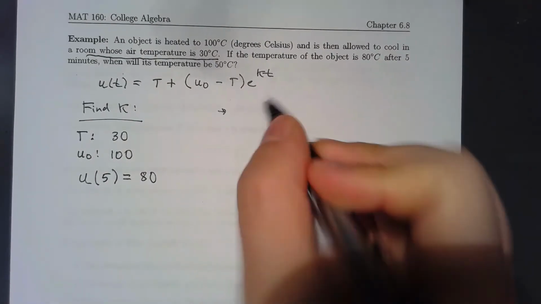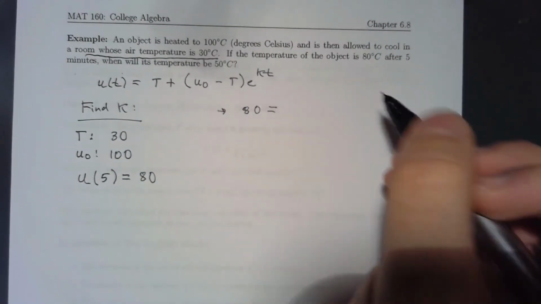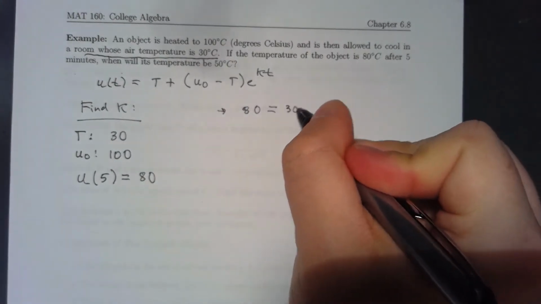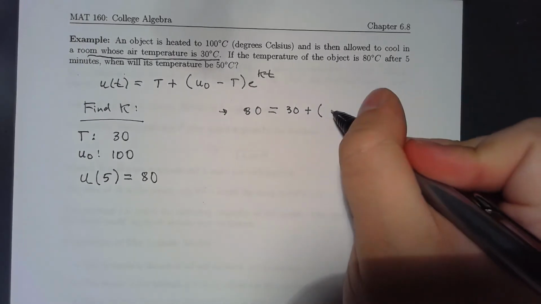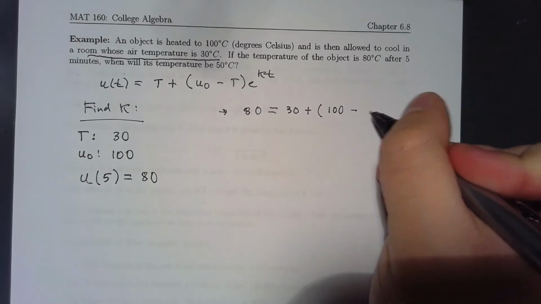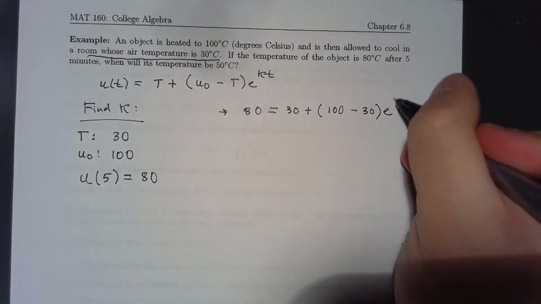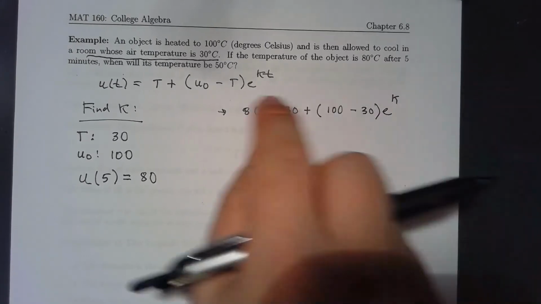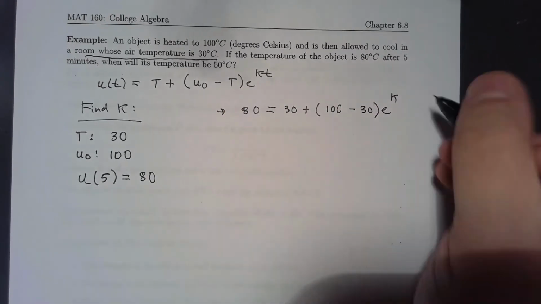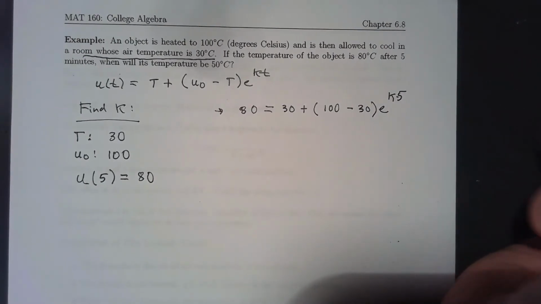So my model will be 80 equals 30 plus the quantity 100 minus 30 times e to the k. Now t here is 5, so k times 5 power, 5 minutes.